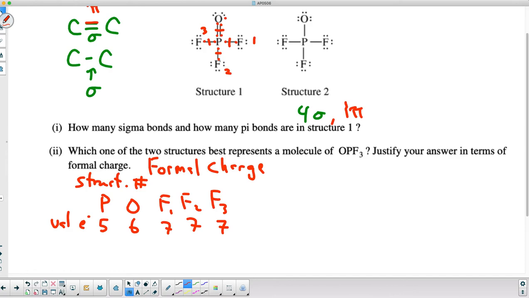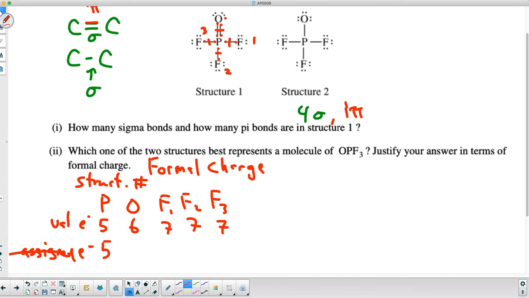Okay, that's working, great. So I have 5 assigned electrons for the P.